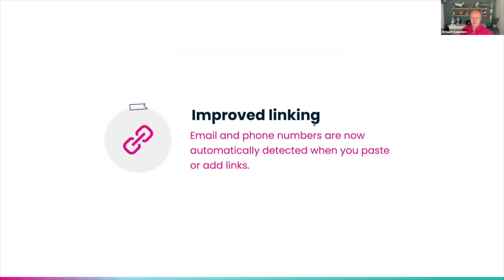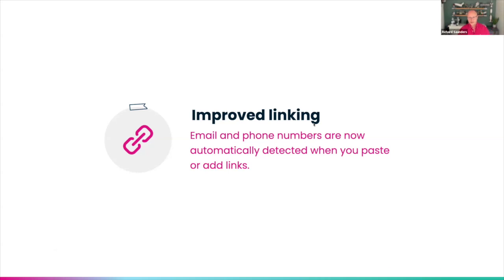We've also improved linking content within the canvas. We had situations where people wanted email addresses to be formatted correctly and include a mailto reference at the beginning of an email link, and also the ability to create telephone links within the Canvas editor.